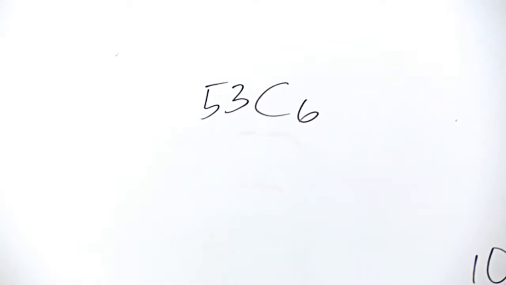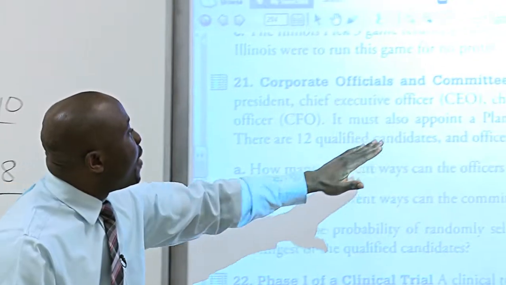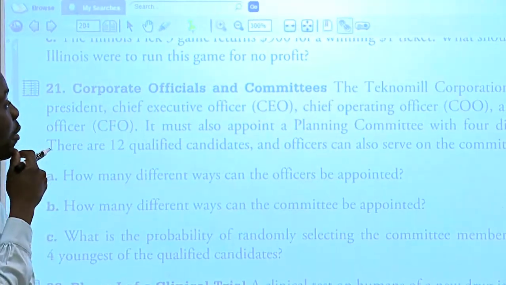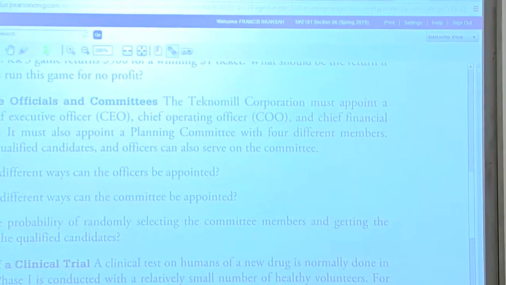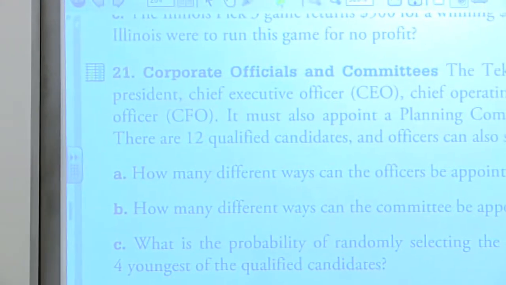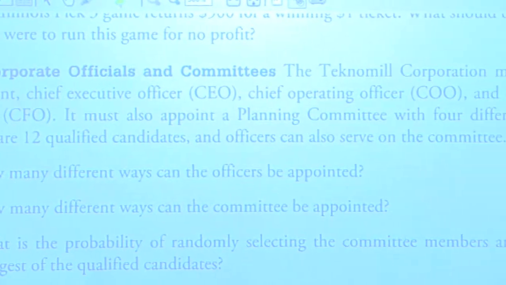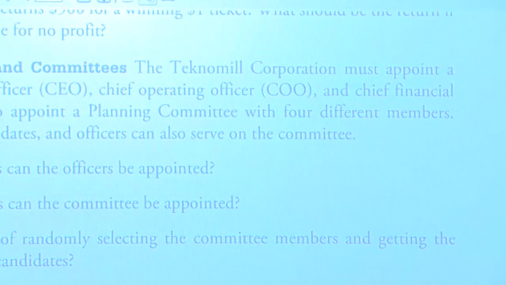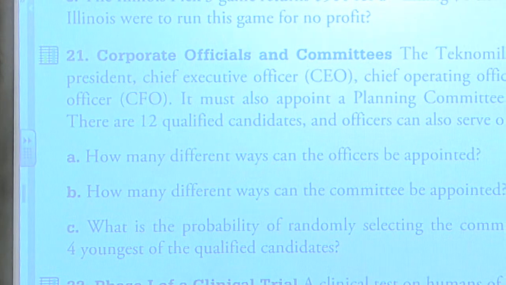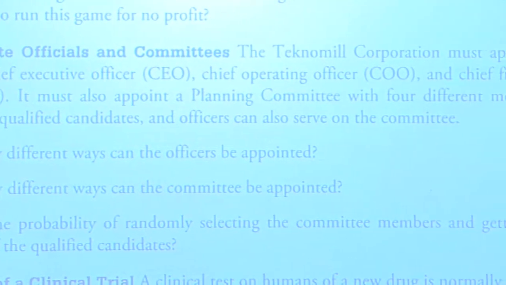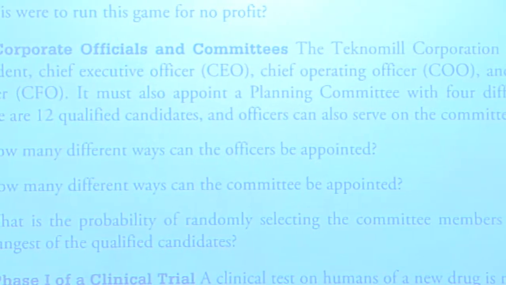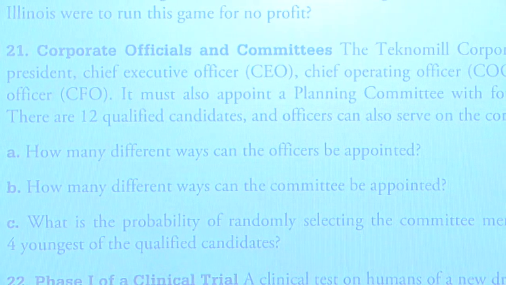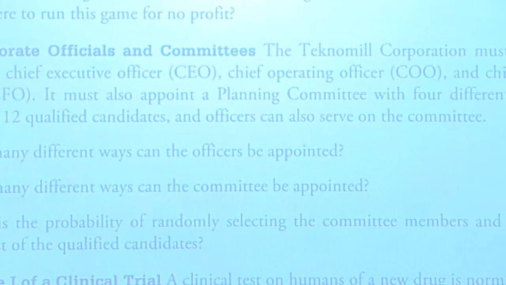Question 21 is a beautiful question. The Technomill Corporation must appoint a president, chief executive officer, chief operating officer, and chief financial officer. It must also appoint a planning committee with 4 different members. There are 12 qualified candidates, and the officers can serve on any of the committees.